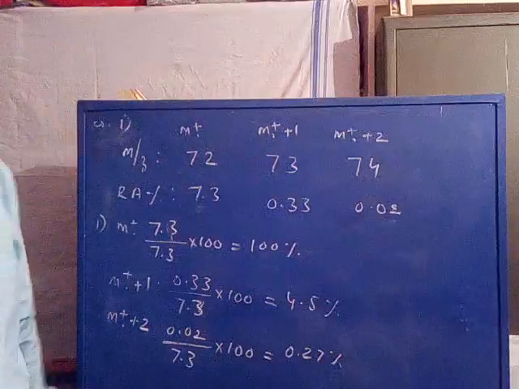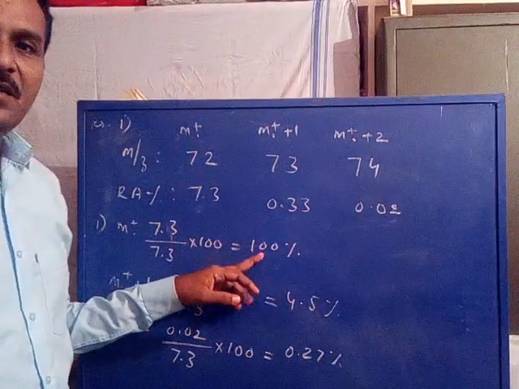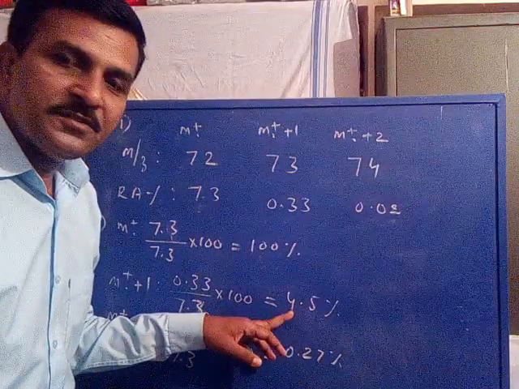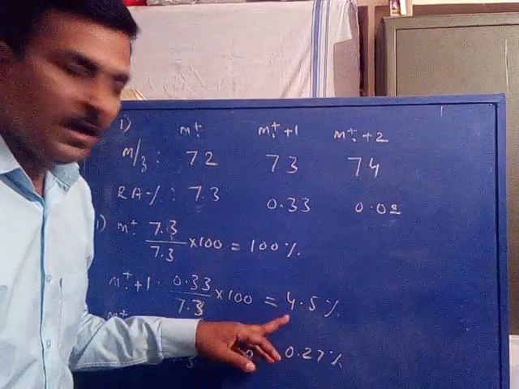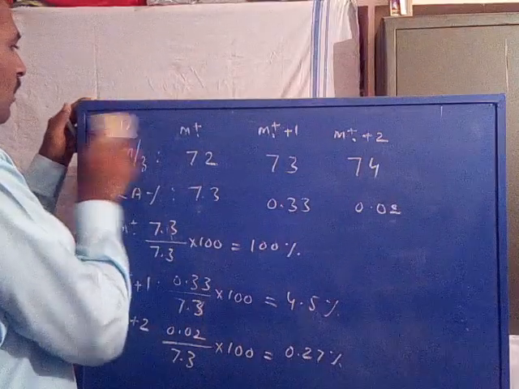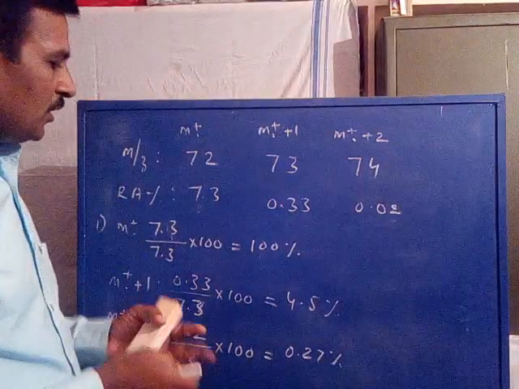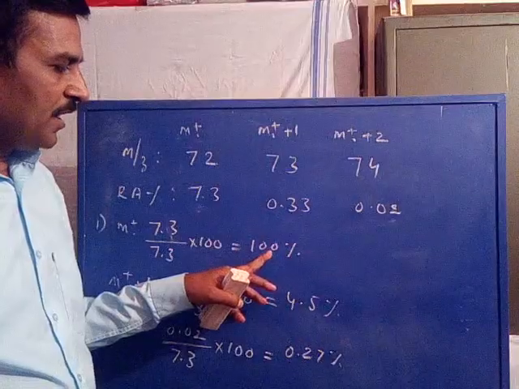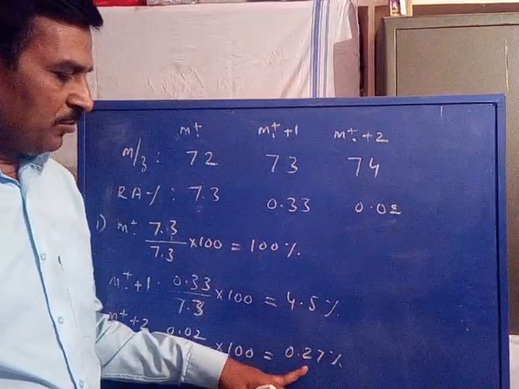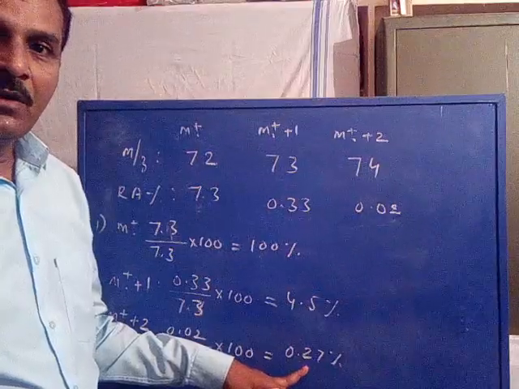So this is the process of raising the intensity of the molecular ion as well as recalculating the +1 and +2 signal intensities proportionally. This is the first rule. So when the molecular ion signal intensity appears as 100%, the +1 appears as 4.5 and the +2 appears as 0.27 only.